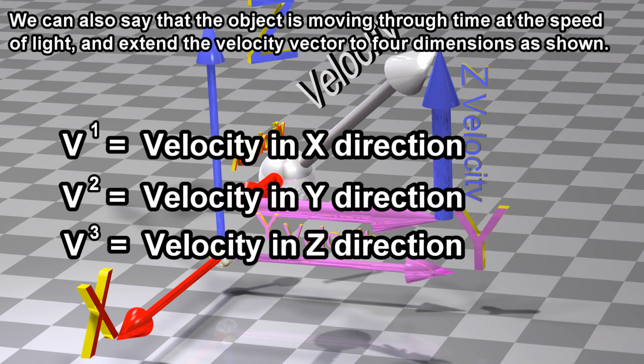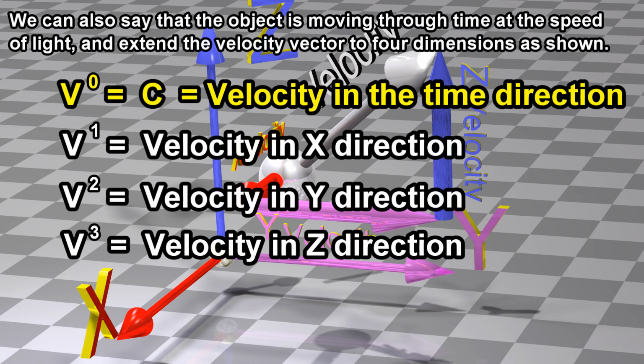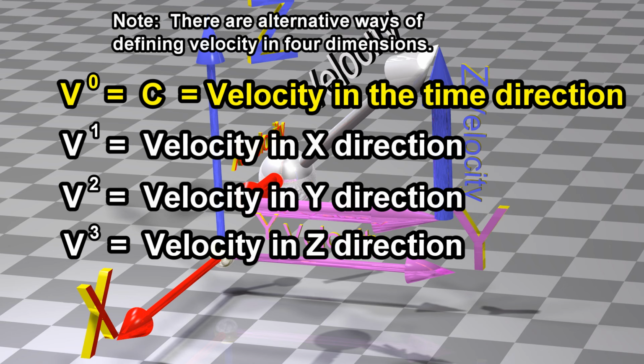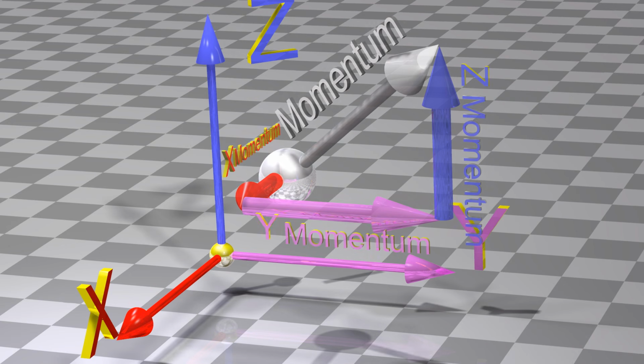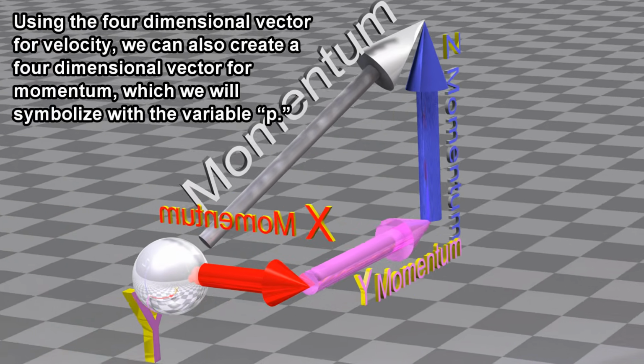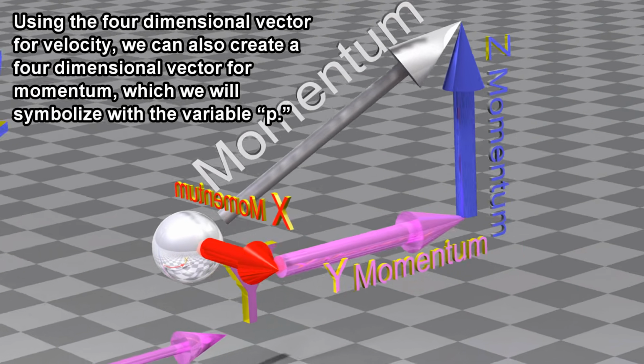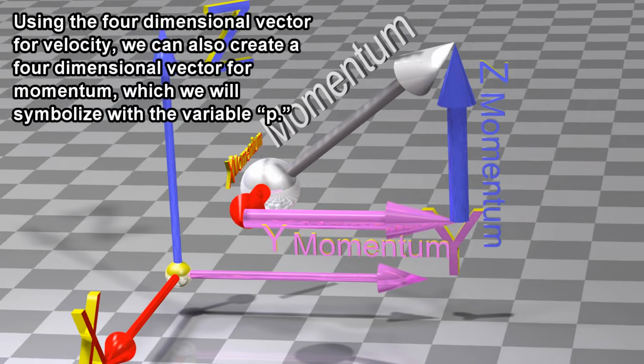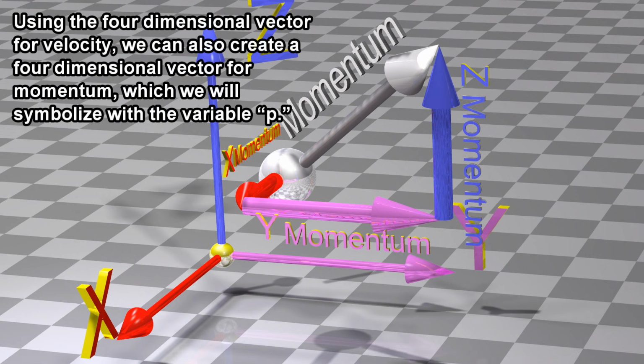We can also say that the object is moving through time at the speed of light, and extend the velocity vector to 4 dimensions as shown. Using the 4-dimensional vector for velocity, we can also create a 4-dimensional vector for momentum, which we'll symbolize with the variable p.